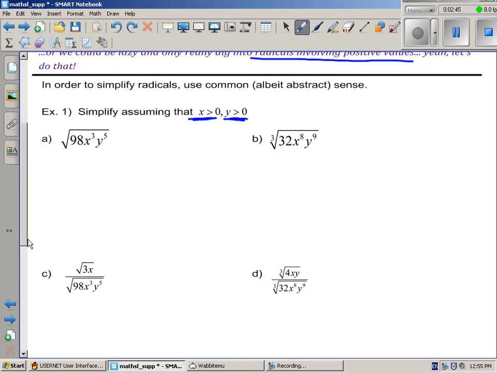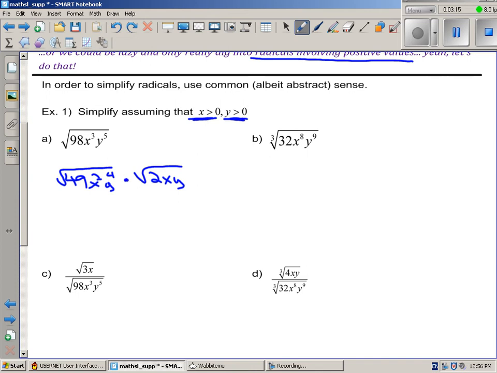So out of 98, you could take out 49. That has a perfect square root. And you'd have leftovers of 2. Out of the x cubed term, x squared has a square root, and that has leftovers of an x. Out of y to the 5th, y squared has a square root, but so does y to the 4th. So leftovers of y in that case.